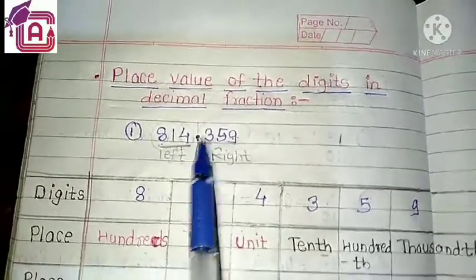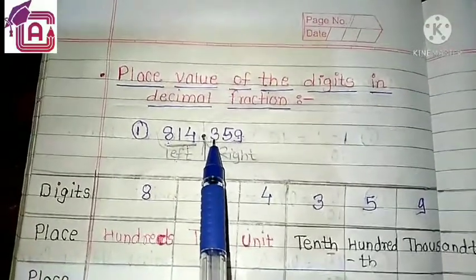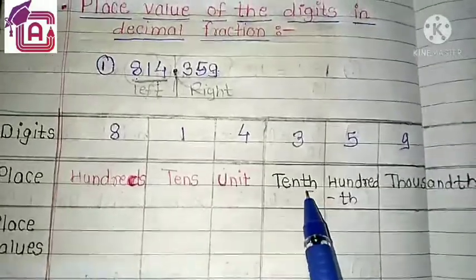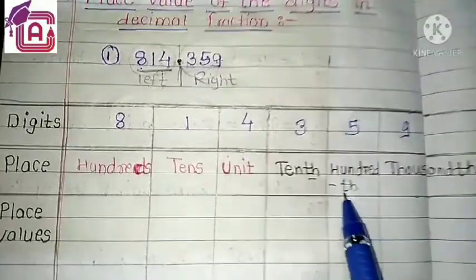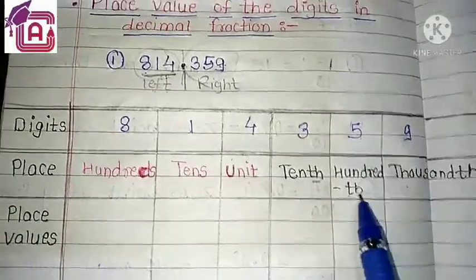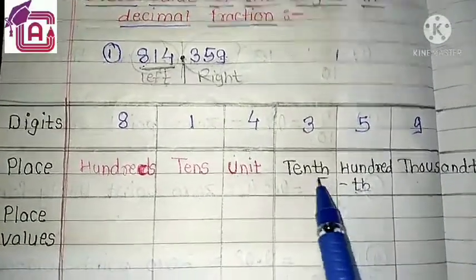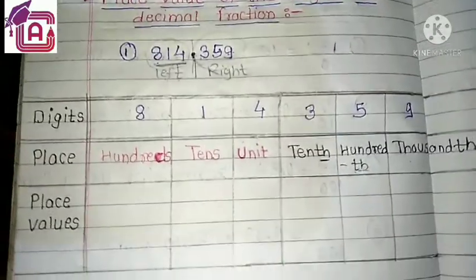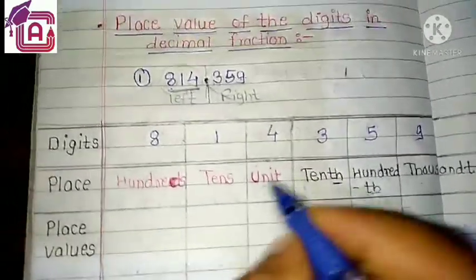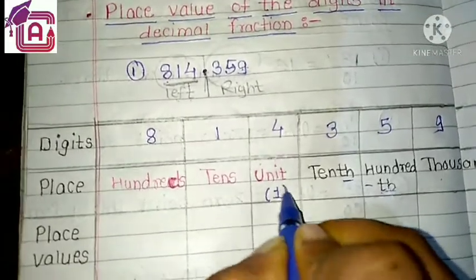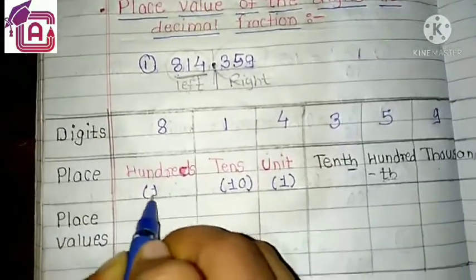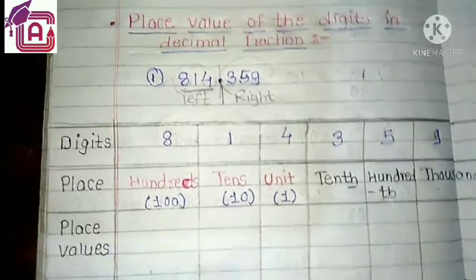Always remember, on the right side of a decimal point, the first place starts from tenths. You should read it as tenths, hundredths, thousandths. The 'th' is at the end of the decimal fraction. So unit means value 1, tens means value 10, hundreds means value 100.